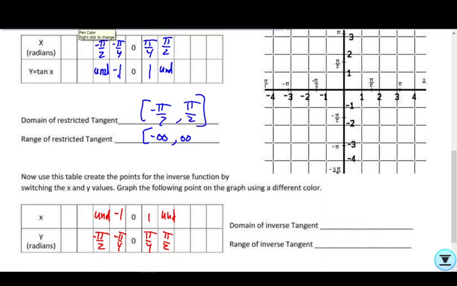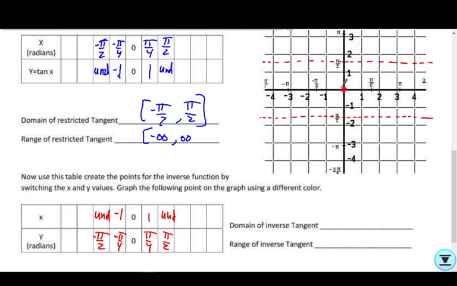And now we're going to graph it. Okay? And so those vertical asymptotes, x is undefined at negative pi over 2. So what ends up happening is that this ends up being our asymptotes here, pi over 2 and negative pi over 2. And then we still have 0, 0, that works.